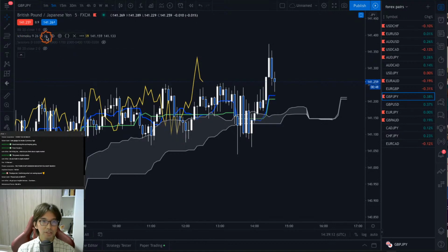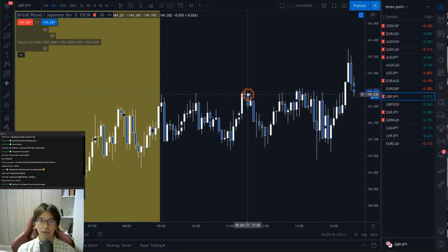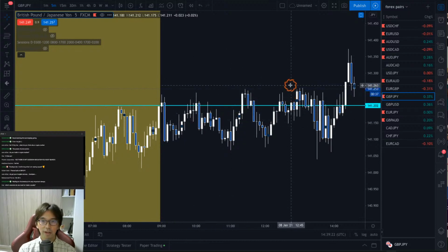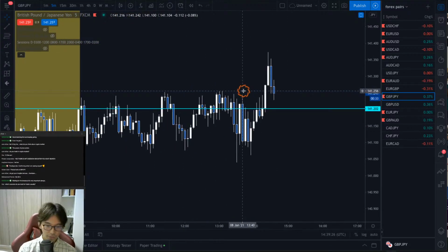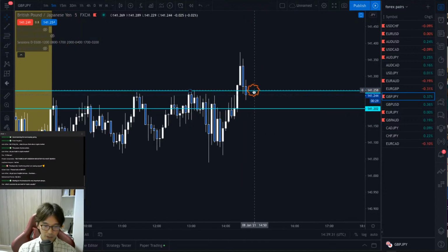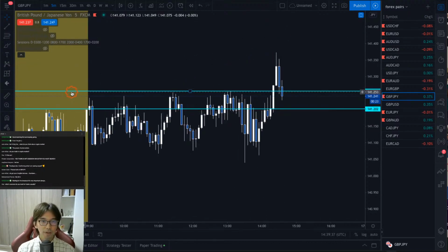So let me first take the sessions indicator, and yep, there is a clear Asian session breakout at this level, and it's going up right now. And also there's a previous high breakout over here too, and now retest. So if it breaks up this way, that will be a great confirmation to buy.